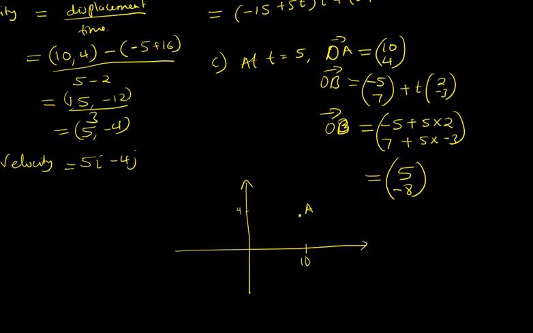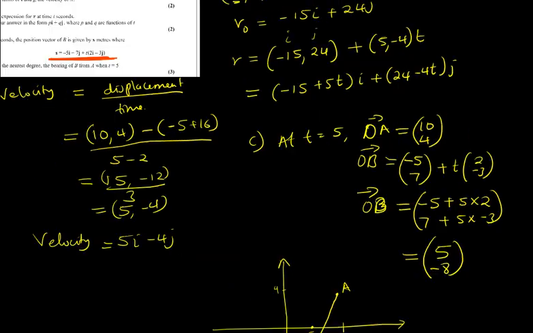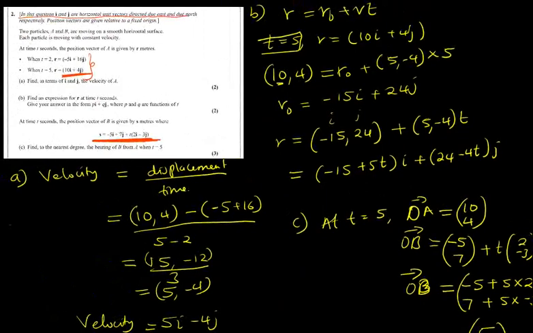So this is the position for B. So this is actually what is connecting the 2 points together. And the question wants us to get the bearing of B from A. So we'll be standing at A to get the bearing of B.